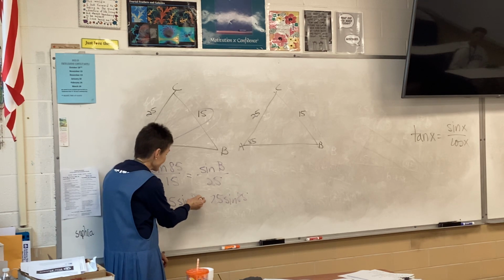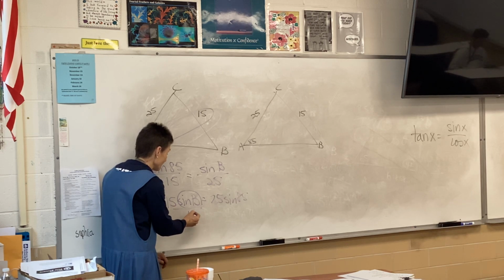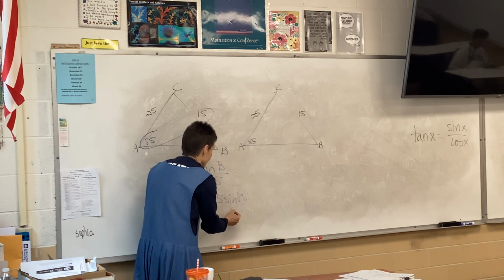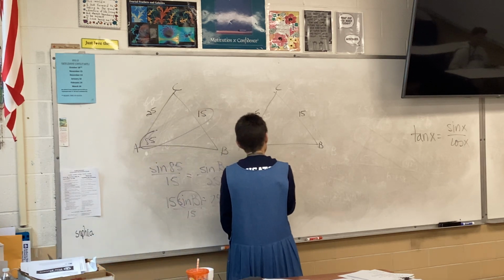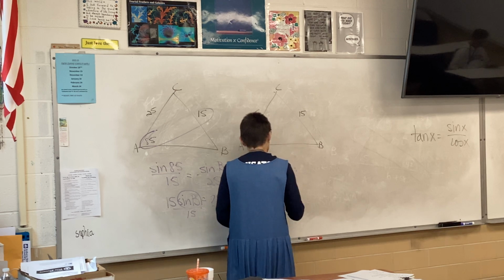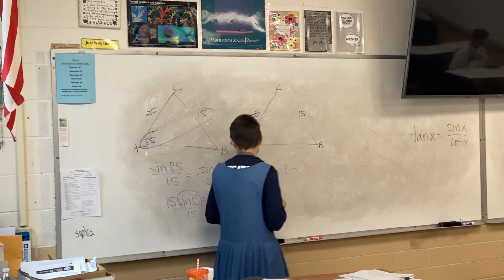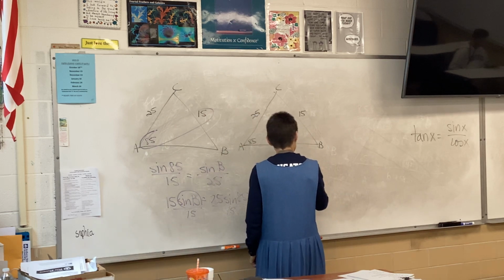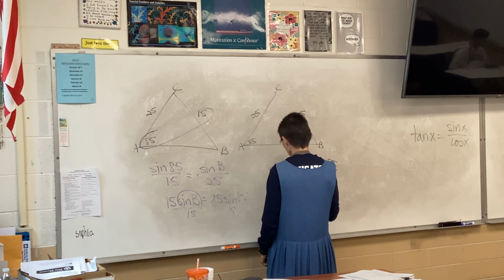Remember, this is your variable, that whole thing. So we're going to divide by 15. So sine B equals 25 sine 85 over 15.